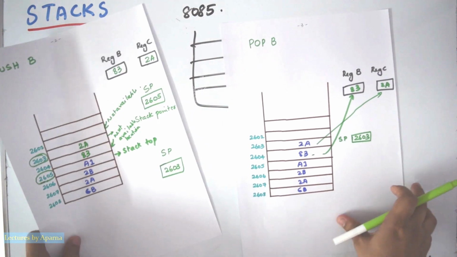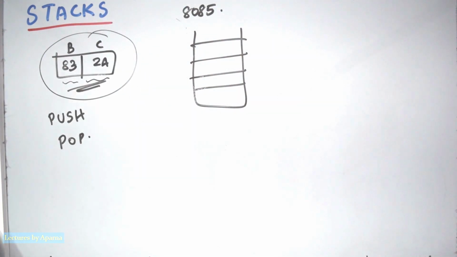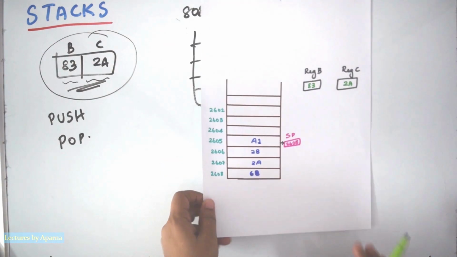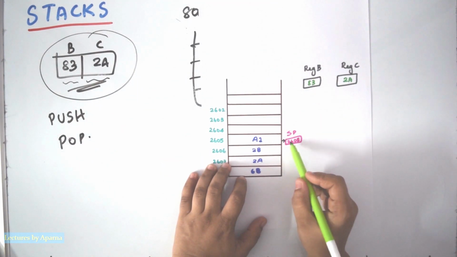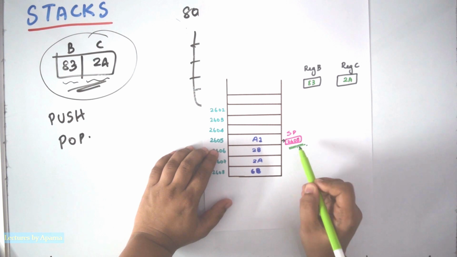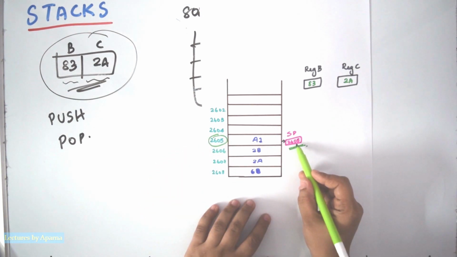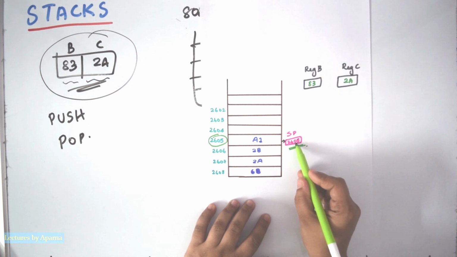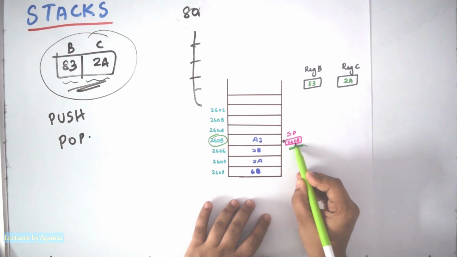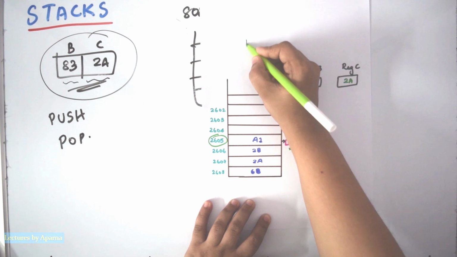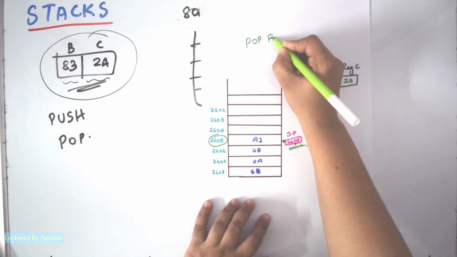Now what will be the new stack pointer? The new stack pointer will have the address 2605. 2605 is the address that will be present in the stack pointer after executing the pop B instruction.